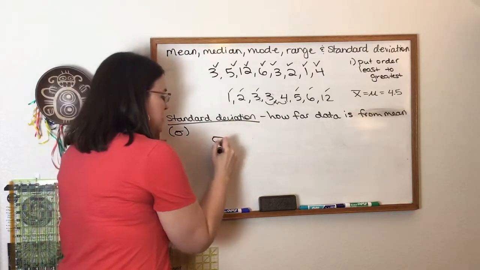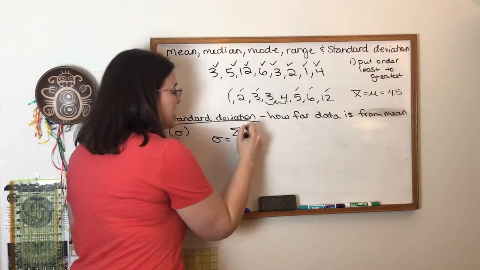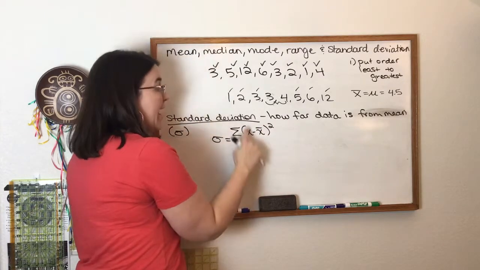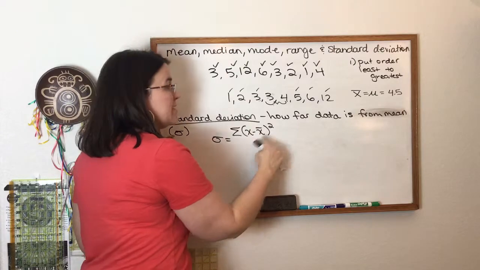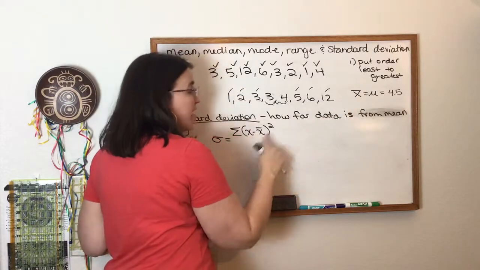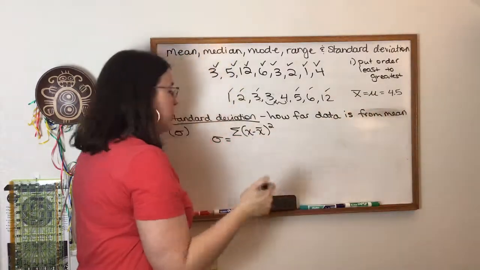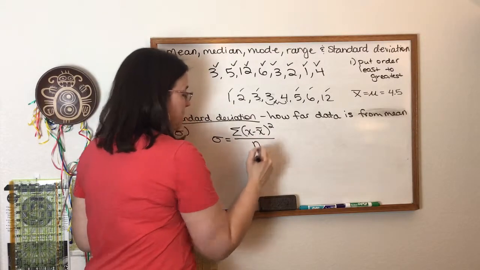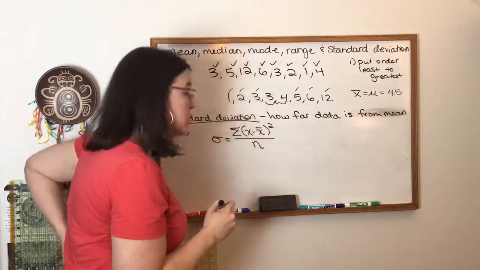Now, to find the standard deviation, you take the sum of the difference between the actual data value minus the mean, which you can think of as x bar, or as mu, okay? And then you divide by n. Sorry, I started thinking about z-scores.